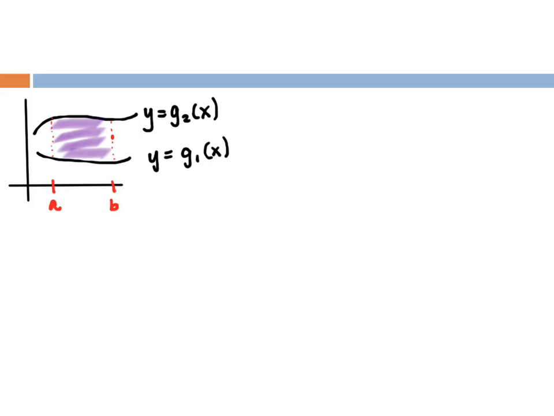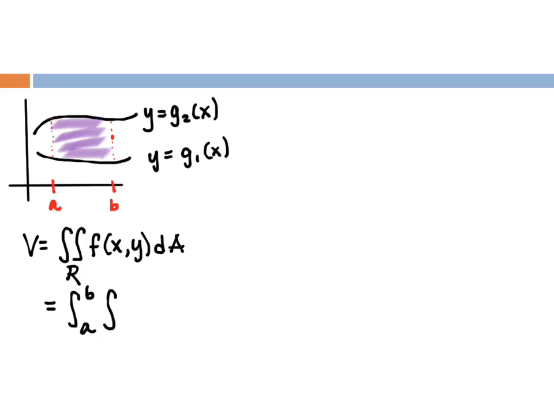Okay, so when we did this, we set up a double integral. What we actually ended up finally reducing it to is that our volume over our region, of whatever our function is that we're dealing with in 3-dimensional space, could be written, especially with the picture that we've drawn, as the integral from A to B, and then the second integral goes from g sub 1 of x to g sub 2 of x of our function f of x y.